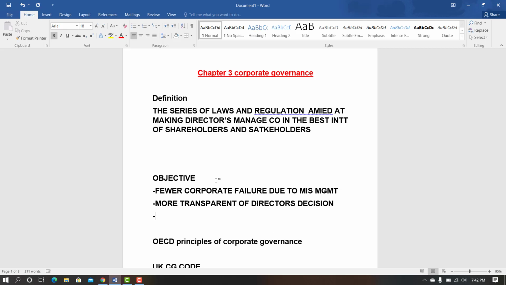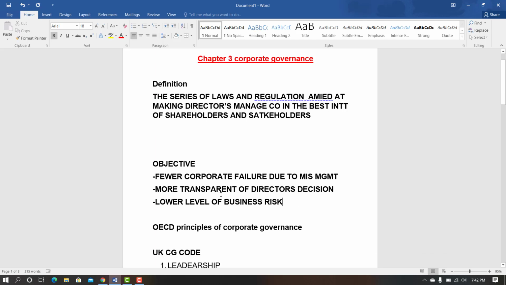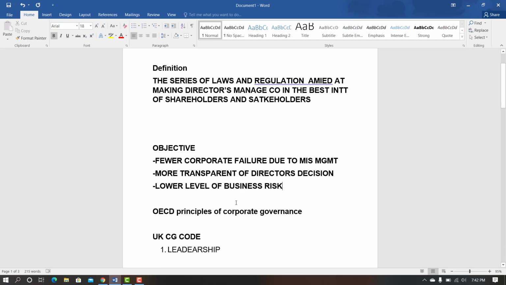And last one is lower level of business risk. So these are the 3 objectives of corporate governance.